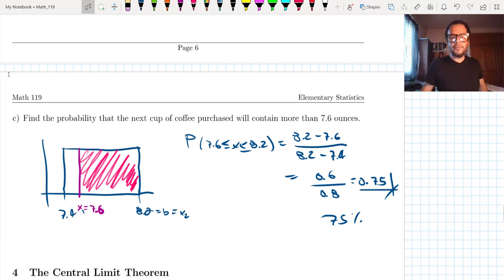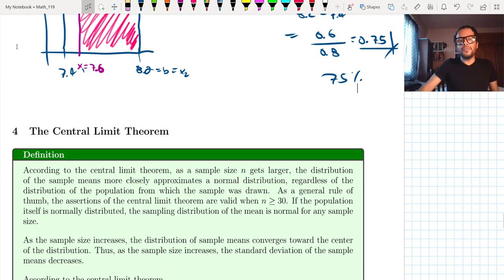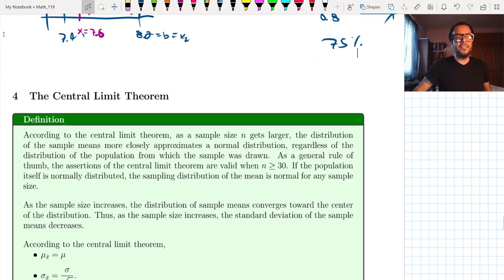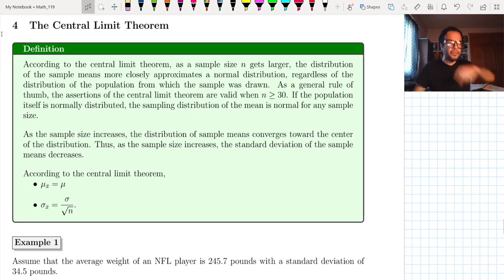Okay, all right, so now let's move on to the central limit theorem. The central limit theorem is an extension of the normal distribution, in which all we are going to do is change the standard deviation when we calculate the probability for a certain situation. So what's the idea?